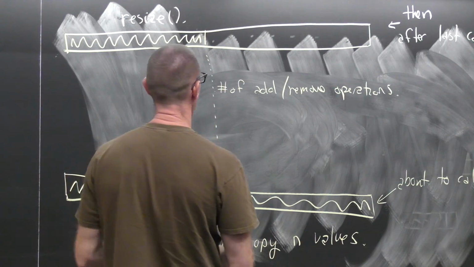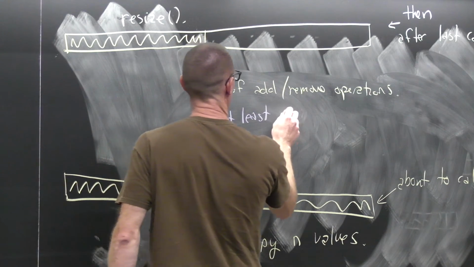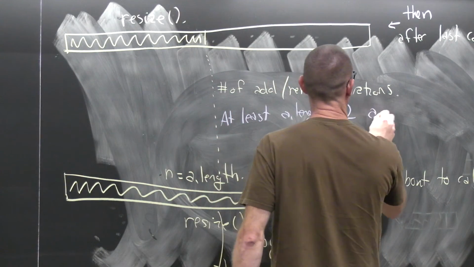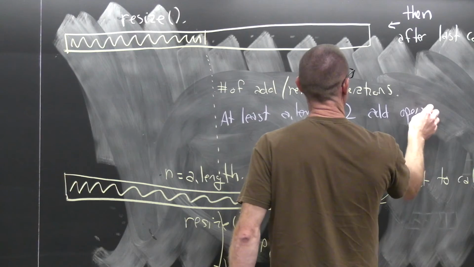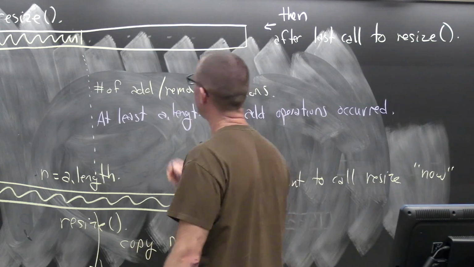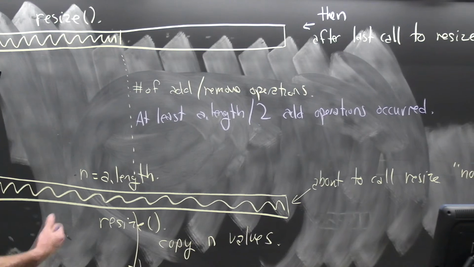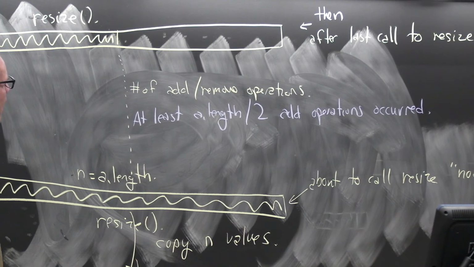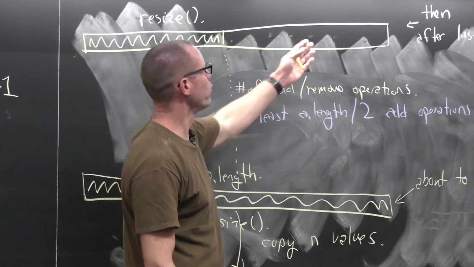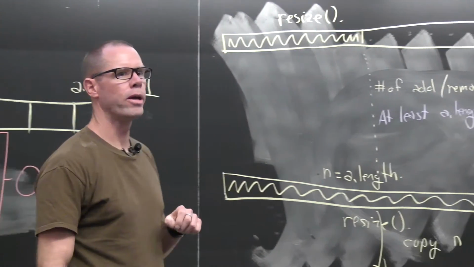So what we can say here is at least a dot length over 2 add operations occurred between then and now. There's no way around it. The only way we get things into our array is by calling add operations. And we have a dot length over 2 more things than we used to have, so at least that many add operations happened. Do you agree?